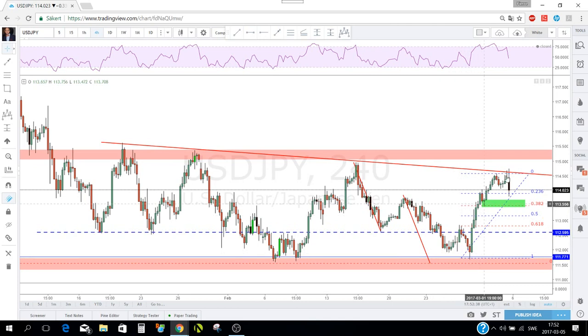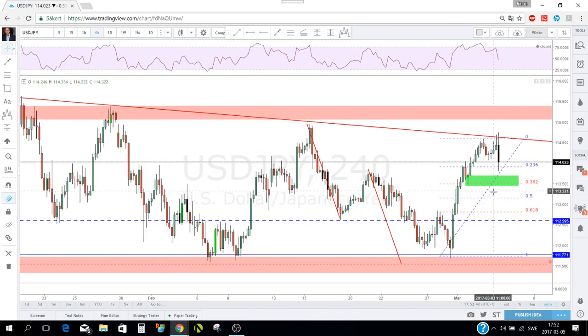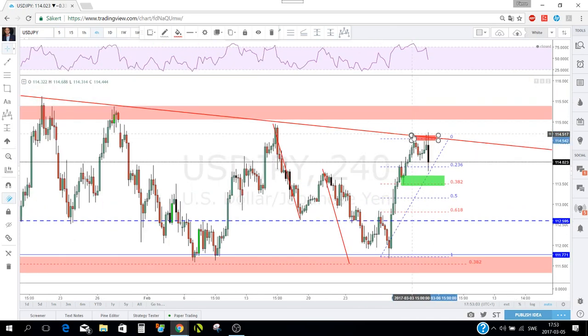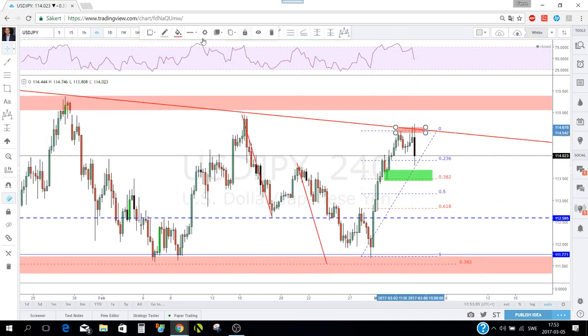We got this major move to the upside, and what we have now is this double top that happened last Friday. Here is the double top, and we had this divergence on the RSI. The neckline is broken now, and we should see more of this correction to the downside.